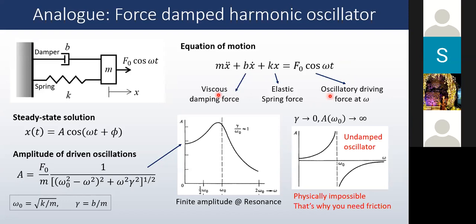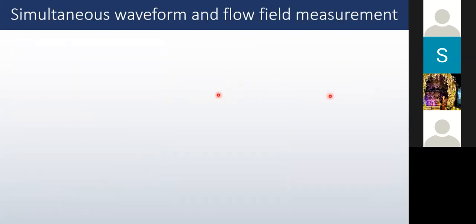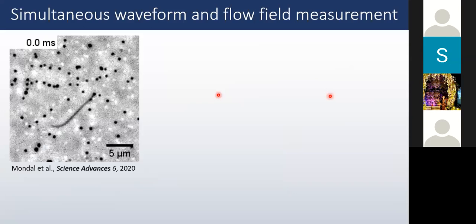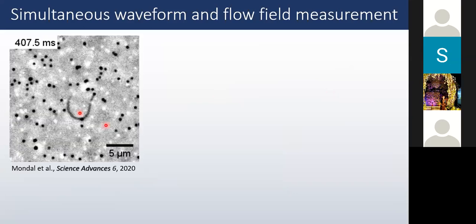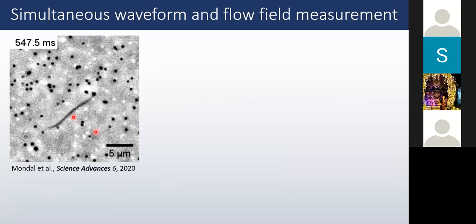So what I do from cilia is that I simultaneously measure the waveform and flow field. And how do I do that? This is beating at a particular frequency. Now these black dots that are suspended in the fluid are passive. Remember, they are just to follow the fluid so that I can know what the flow field is.